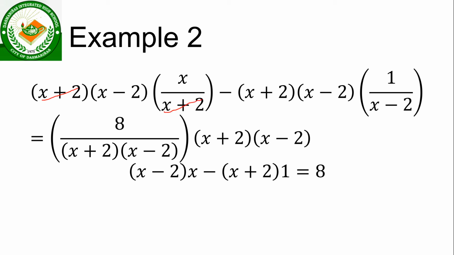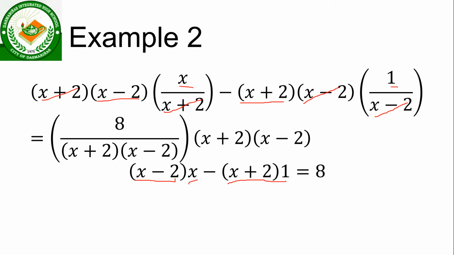So what remained here is x minus 2 and x. Second one, since there is a common factor, x minus 2, in the numerator and the denominator, cancel x minus 2. And then we have x plus 2 multiplied by 1.